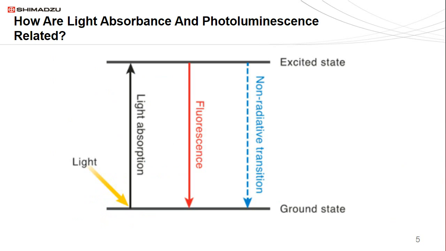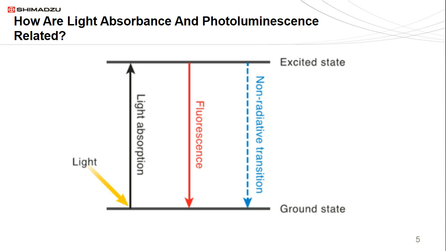So when we talk about photoluminescence, we're talking about electrons and electronic energy states. These energy states can be in atoms, or they can be associated with the molecular bonding structure of molecules. Very simple. Light goes in and promotes an electron into a higher energy state from the ground state.